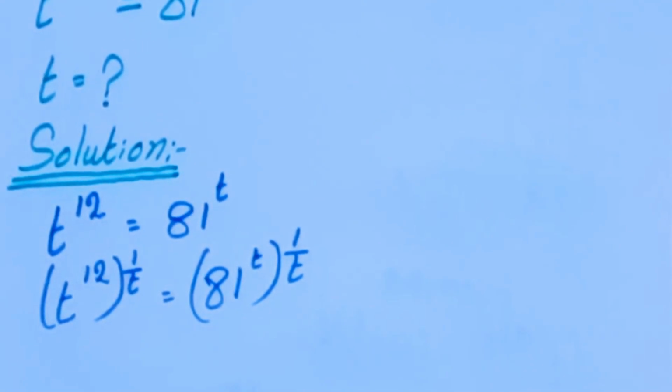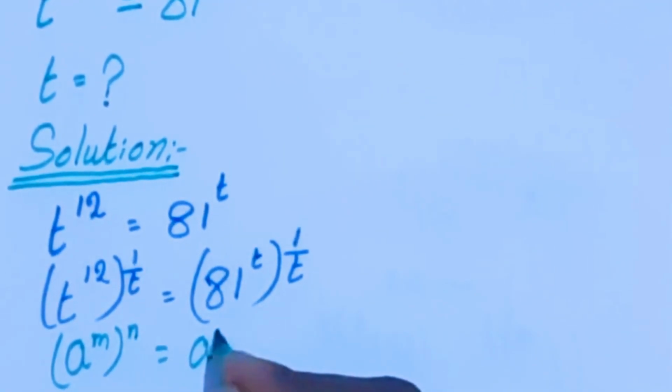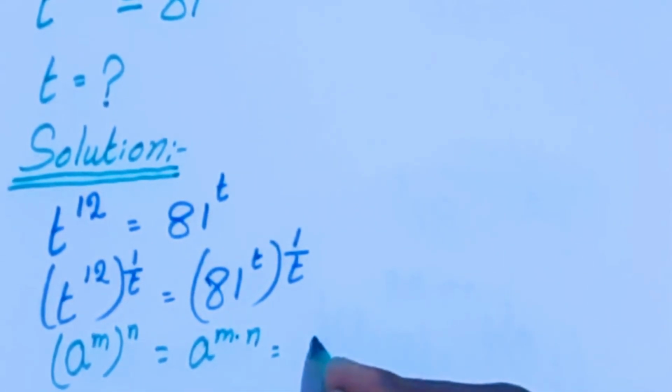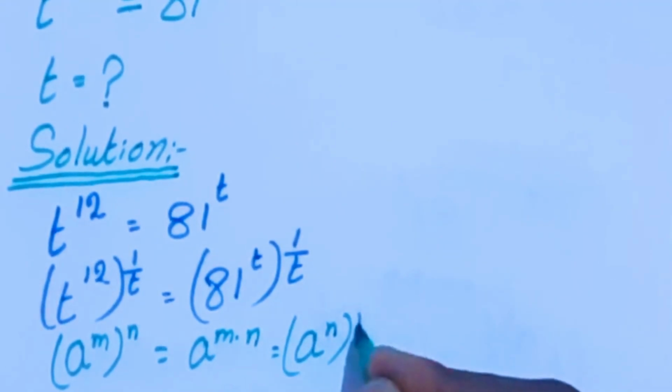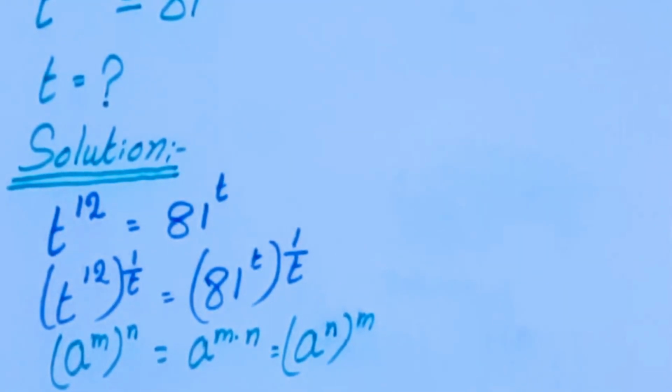Now we are going to apply this formula, which is (a power m) whole power n equal to a power m times n, which also equal to (a power n) whole power m. So this we are going to apply here.